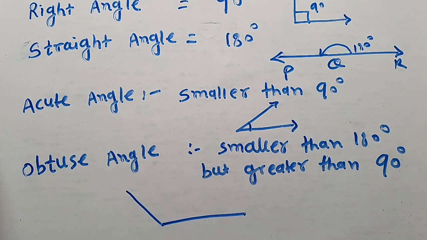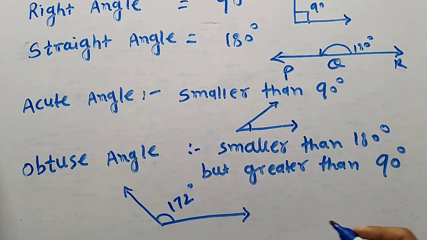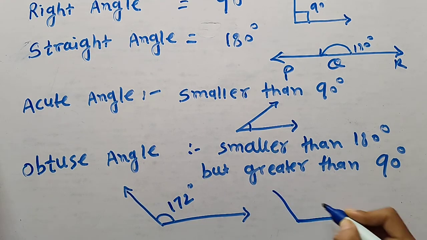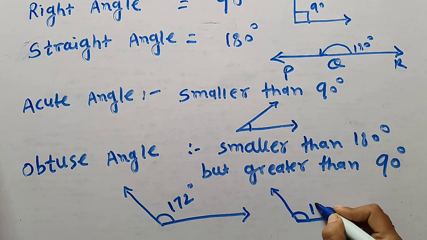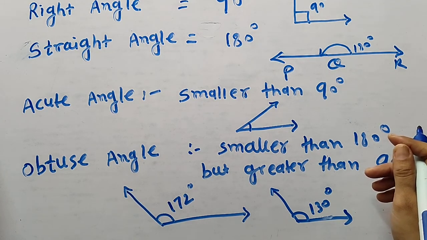Suppose we draw this angle as 172 degrees, and one more angle of 130 degrees. This type of angle is called an obtuse angle.